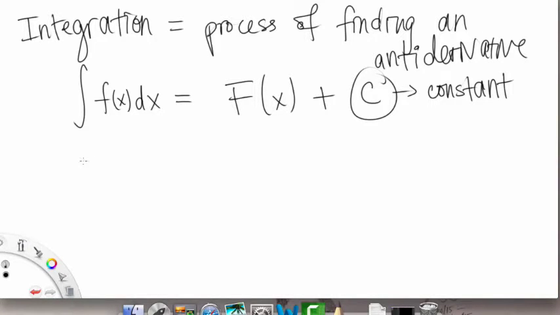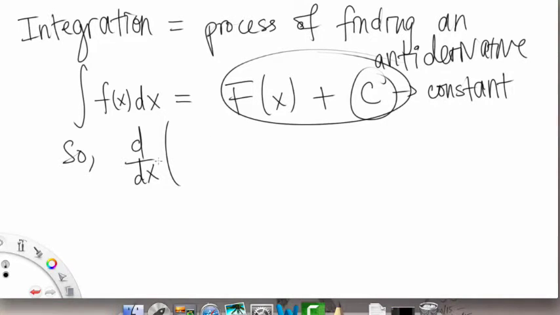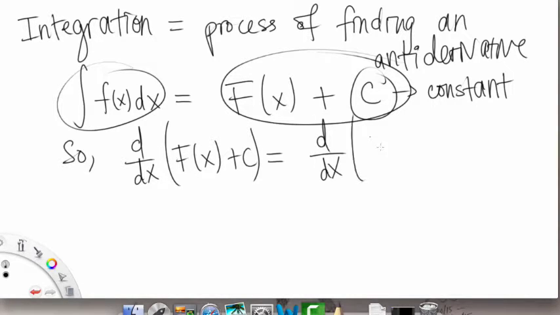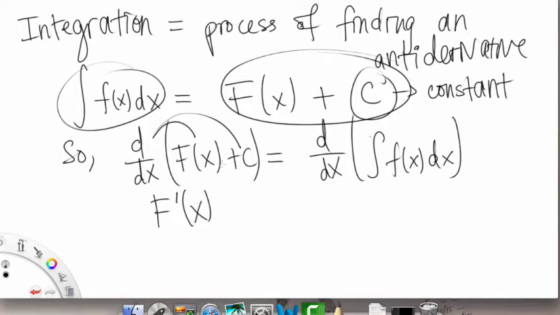Then we have d dx, the derivative of the right side, our antiderivative plus c, that's going to equal the derivative with respect to x of the left side, the integral of f of x dx. On the right side we have capital F prime of x plus 0, because that constant goes to 0.